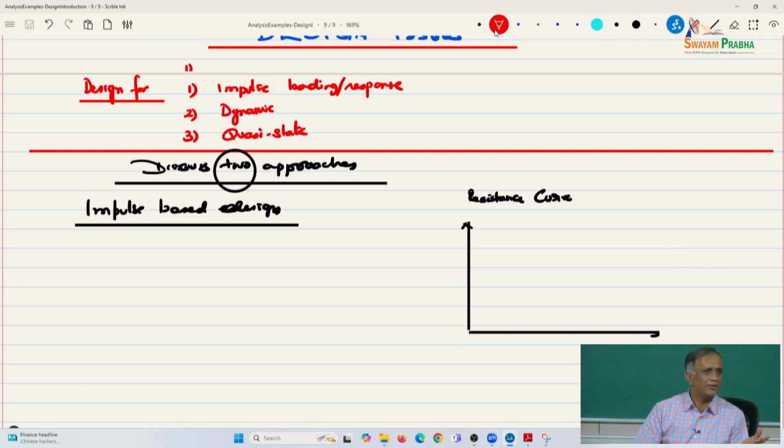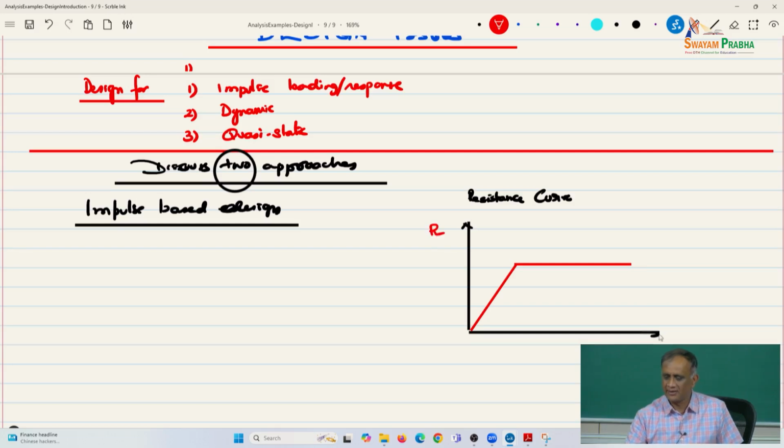You are applying a loading and structural analysis gives you the response. But now looking at it from a different perspective, the resistance curve is your limiting case anyway. So you already know the response. If you calculate this value and you are assuming rigid plastic, you kind of know the response already.